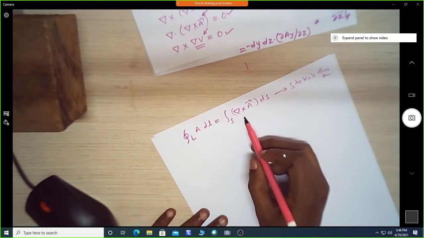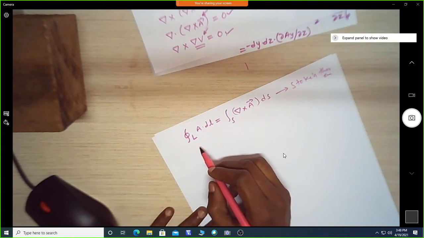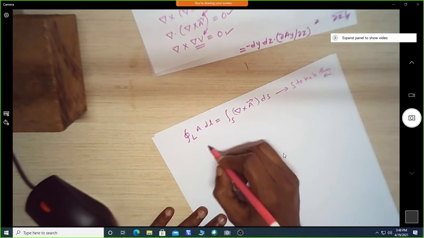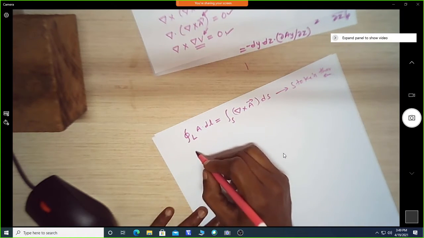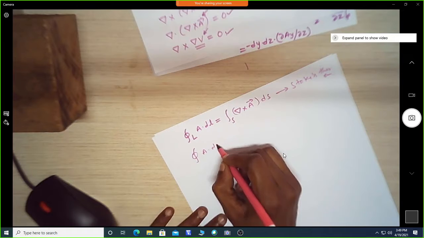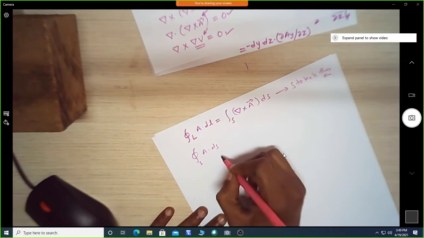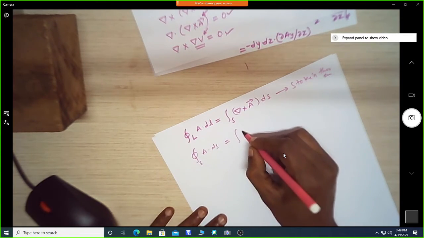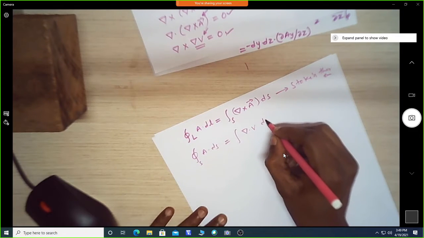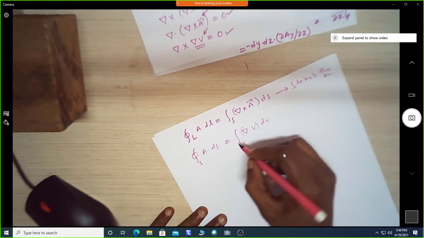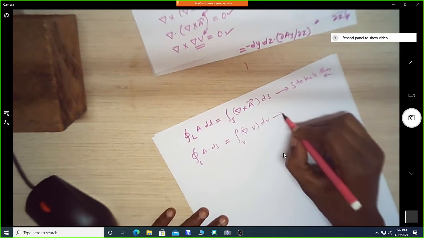Earlier, in the divergence theorem, the surface integral of A dot ds over the closed surface gives the integral of the divergence of A over the volume. That is what we found out, and this is the divergence theorem.